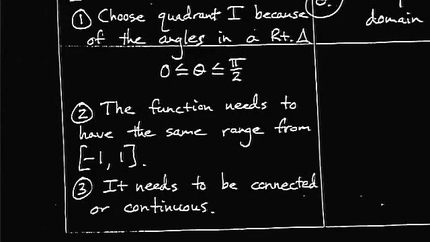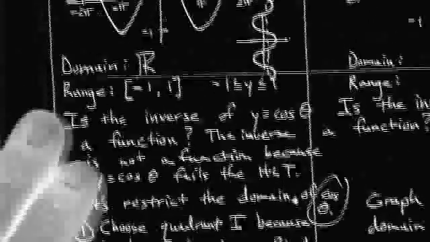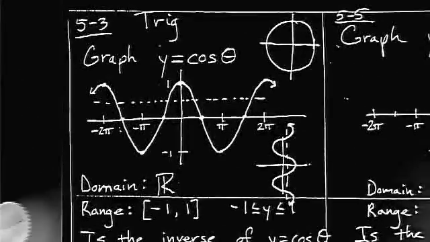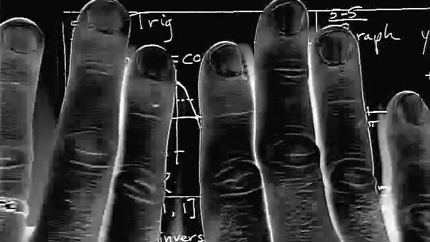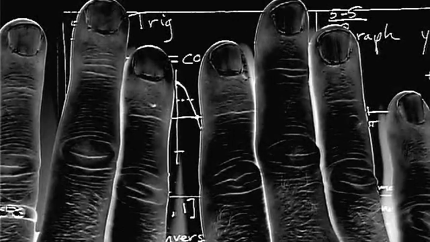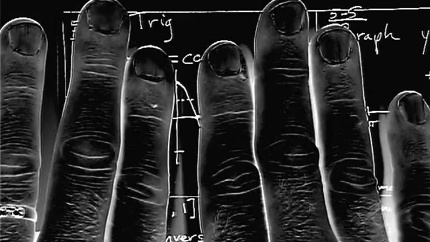The functions need to have the same range from -1 to 1. And the last criteria, it needs to be connected or continuous. So let's take a look at my options up here. So we are definitely keeping this section right here from 0 to pi over 2. That is an absolute must.